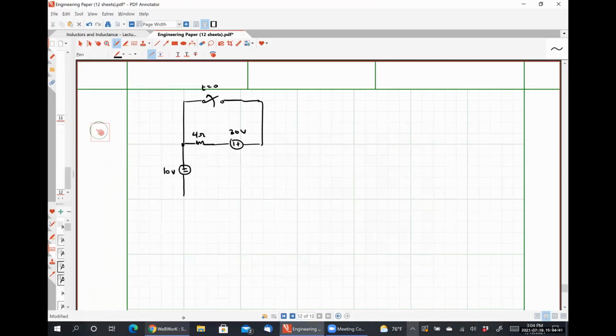Then we have a 1 ohm resistor, then another inductor, and it is 1/2 of a Henry. We're trying to figure out what IL of t is here. I'm not going to make this problem any harder than the homework problem, so we'll just worry about the inductor current.